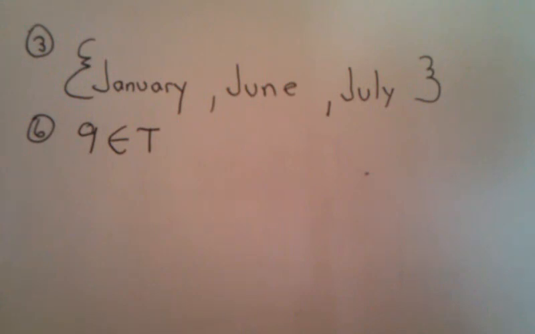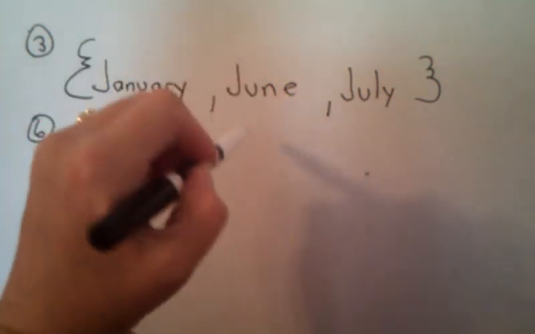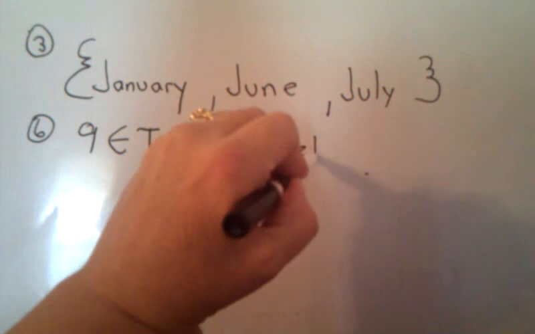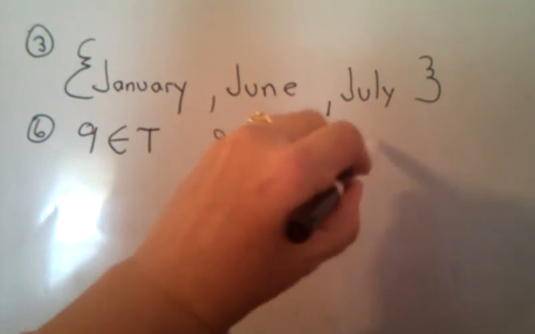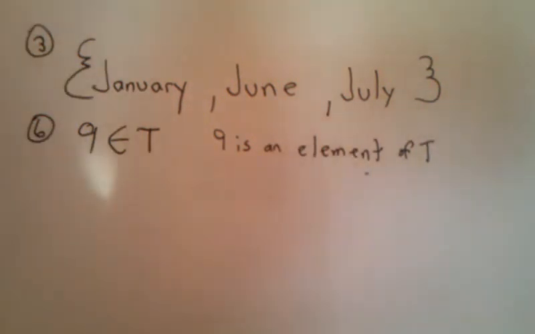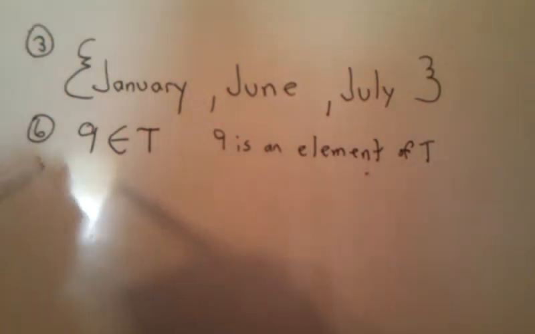Okay. You should have said this means 9 is an element of T. 9 is an element of T. Okay. Now let's look at number 8.